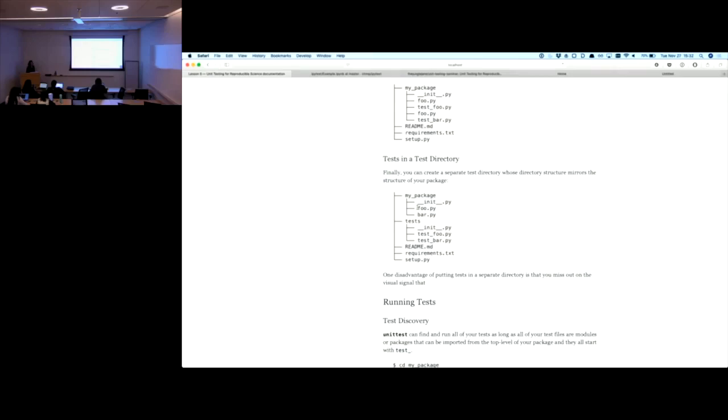So generally, we want to put them in a separate directory that has the same structure as the package that we're testing. And the disadvantage, which I did not complete here, and I will complete after the seminar today, is that you miss out on the visual signal when you're changing code that you also need to update the test. But the more practice you get writing and running tests, it's really not going to be something that you forget to do.